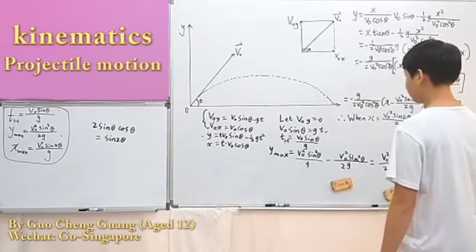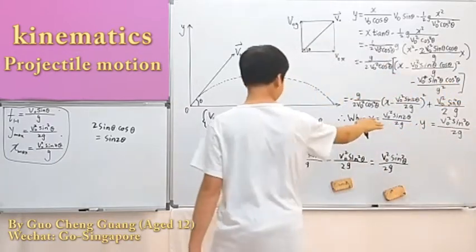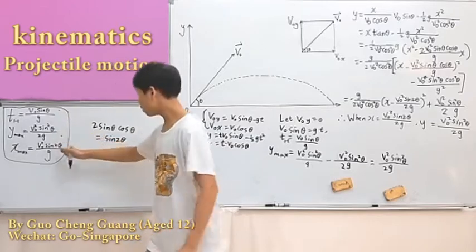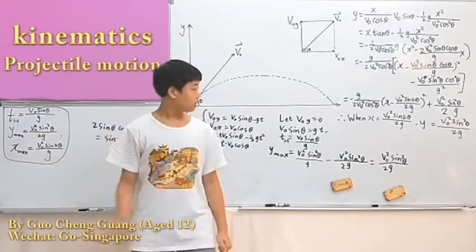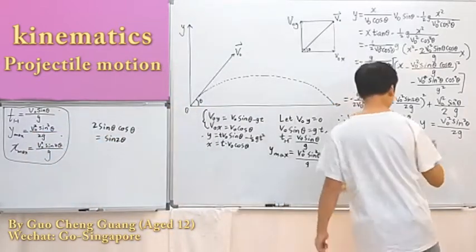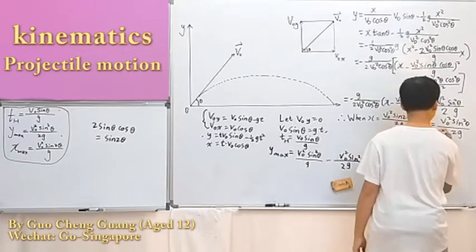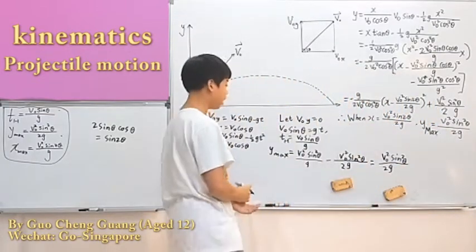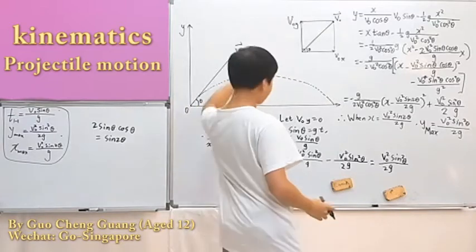Now, this looks sort of familiar. Do we have anything about this? Let's check. Wait, this part is the maximum value for y. So actually this part is the maximum value for y, the maximum height for that.